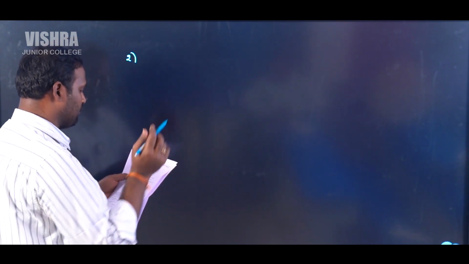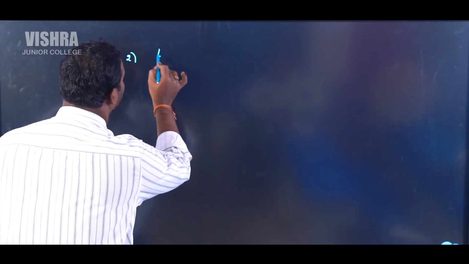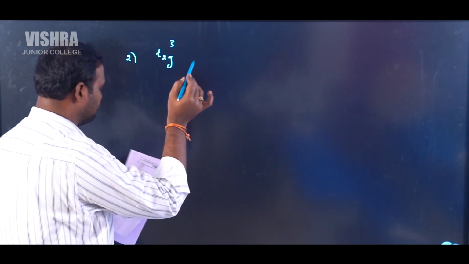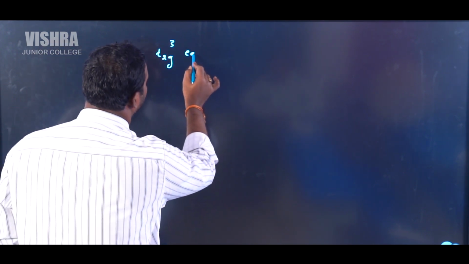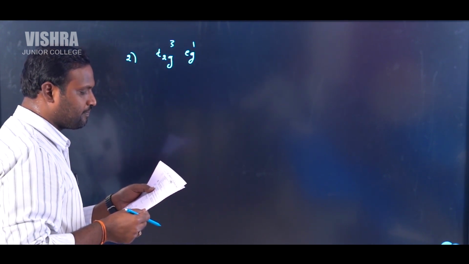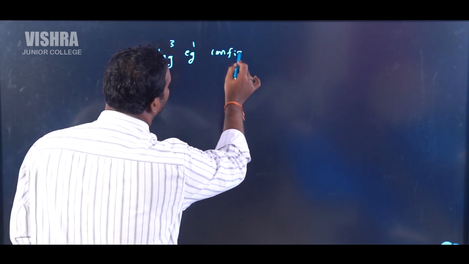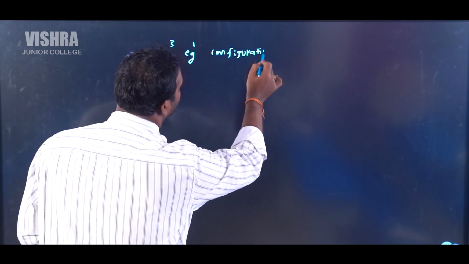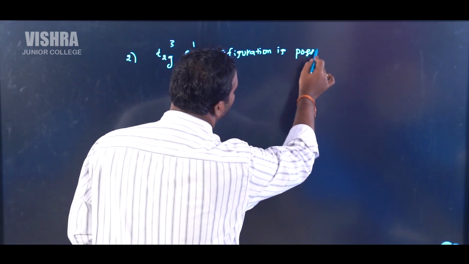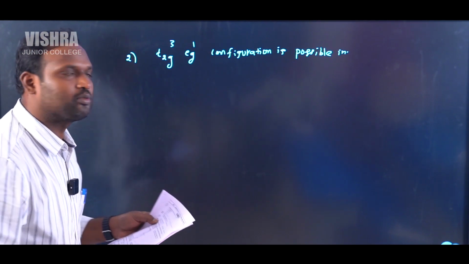He gave the electronic configuration of complex compounds: t2g3 eg1. Which electronic configuration is possible in? He gave four different options like this.